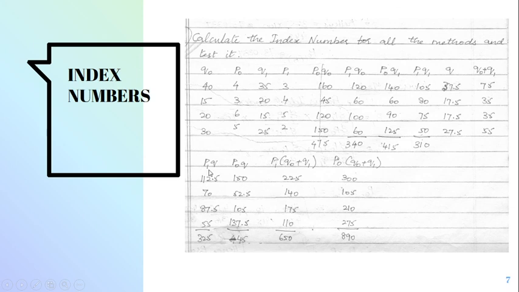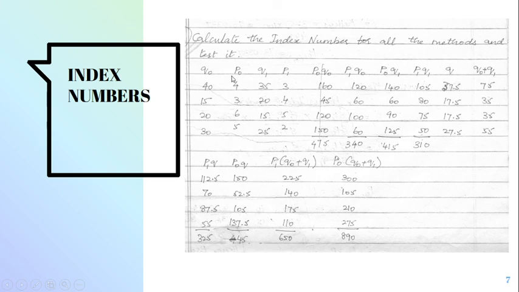P1Q. This is nothing but P1 into Q. P1 is 3 into Q, 37.5. 4 into 17.5, 5 into 17.5, 2 into 27.5. So, this is how we get P1Q and it totals to 325.